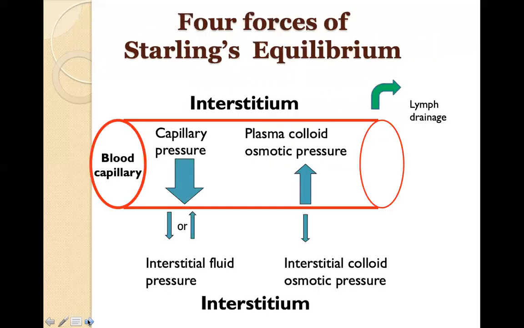The four forces of Starling's equilibrium include the capillary pressure inside the vessel, and then plasma colloid osmotic pressure also within the blood vessel. The plasma colloid osmotic pressure exists because of the attraction of water to proteins within the bloodstream.